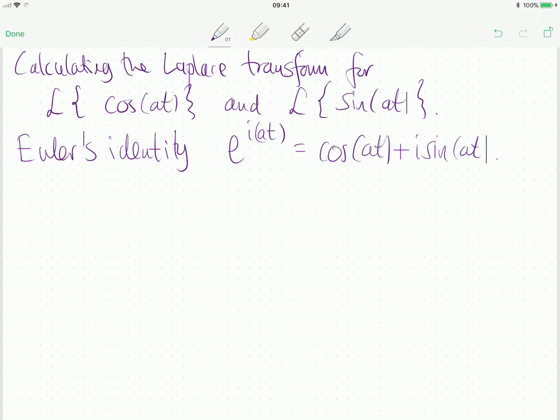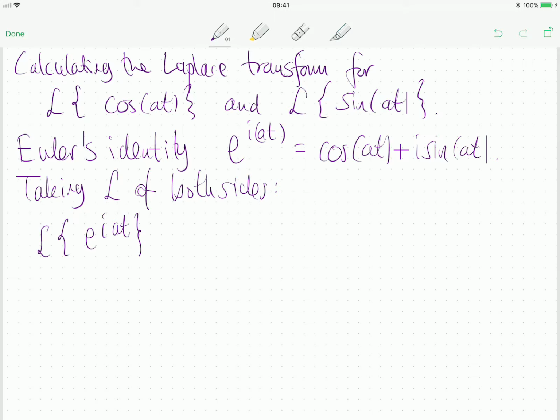Now, by taking the Laplace of both sides, so if we take L of both sides, what do we see? Well, let's check it out. We have the Laplace of e to the power IAT on the left.